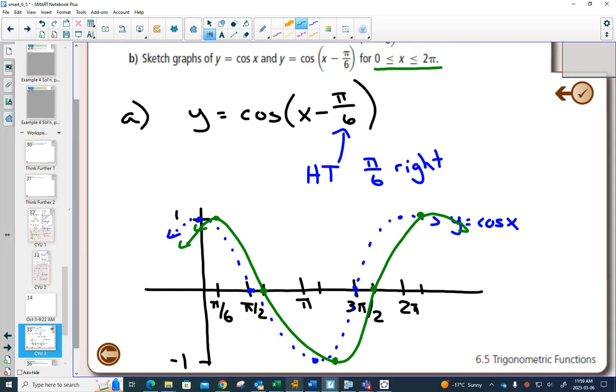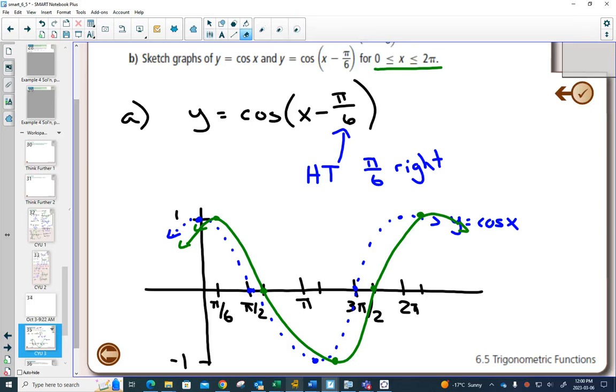Okay? Now, on your quizzes and tests and exam, most likely I'm going to say, instead of this, for at least one period, which means you can draw it, put arrowheads on to say that it continues on forever. Technically, when they write 0 less than or equal to x less than or equal to 2 pi, I would lose a half a mark on my question because I graphed too much.